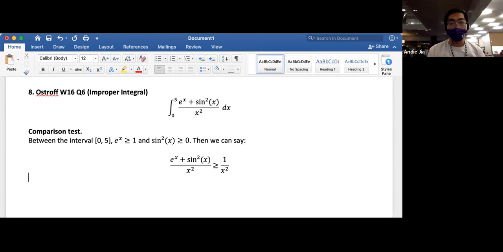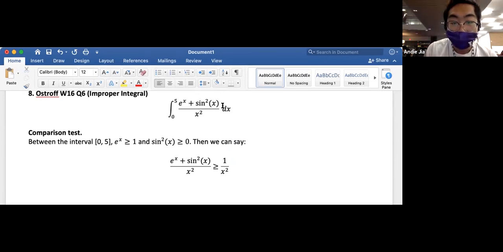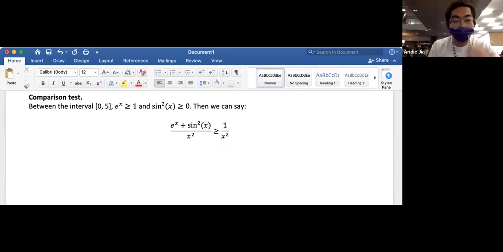This is the comparison test. And then we evaluate the integral.